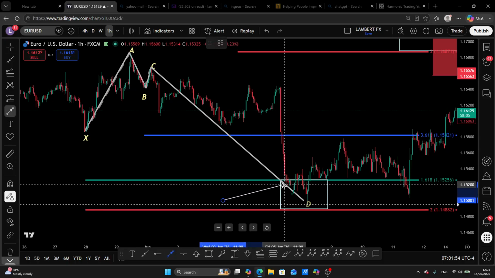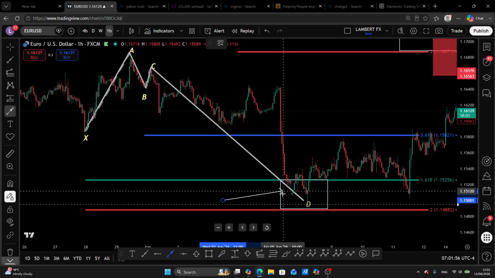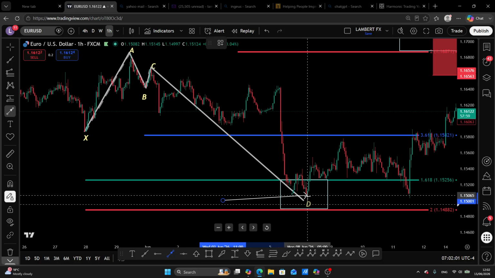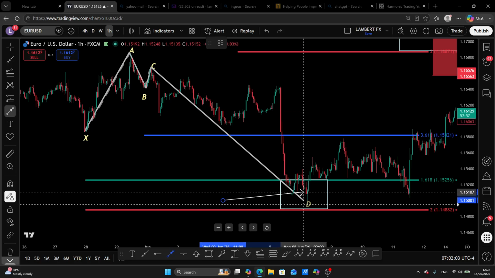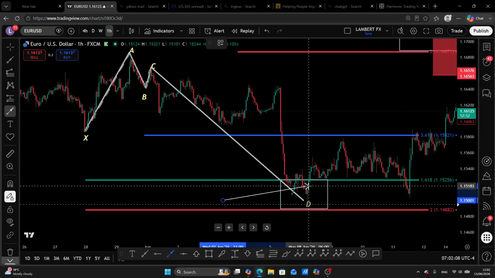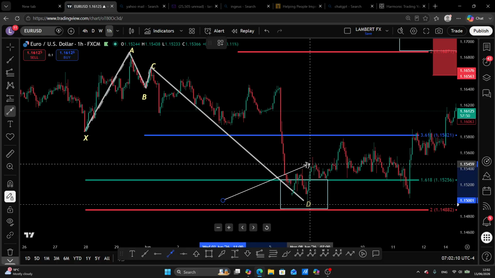So we broke and closed, and then we went sideways before this push down, and then we had this pin bar looking candle. So even if you're waiting for confirmation after this bullish candle, then you could go long.